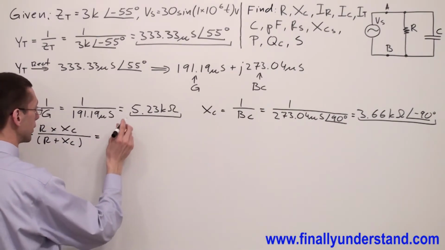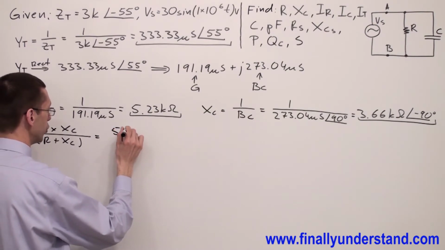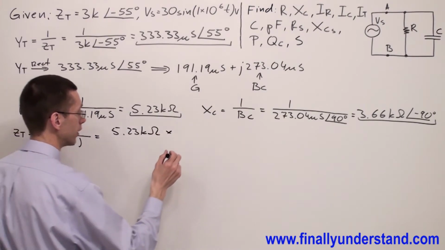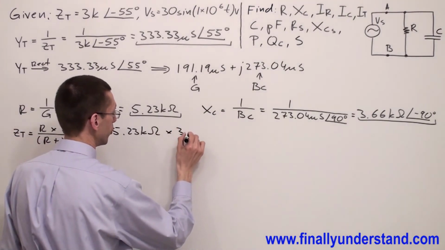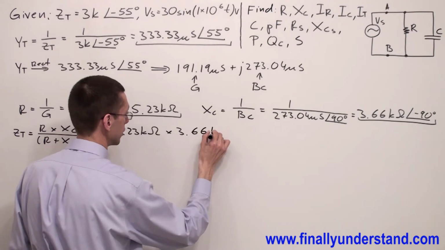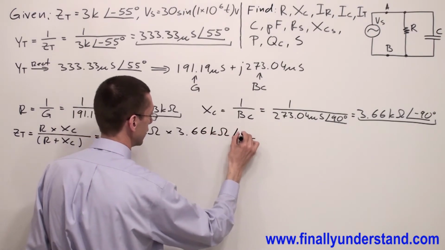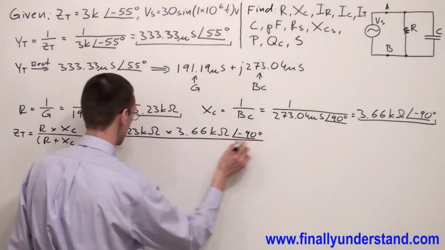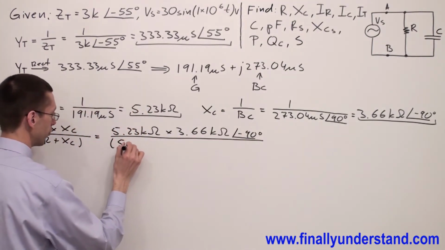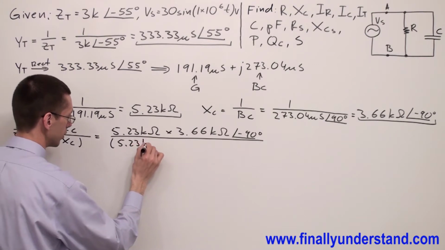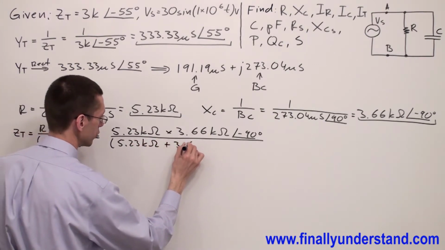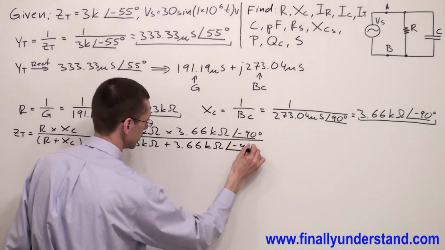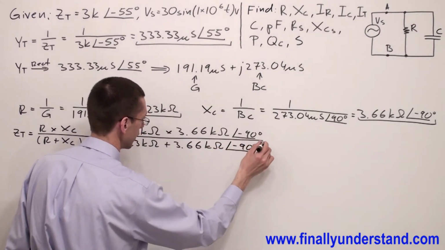This is equal to 5.23 kilohms times 3.66 kilohms and angle of negative 90 degrees over 5.23 kilohms plus 3.66 kilohms and angle of negative 90 degrees. Close parenthesis.